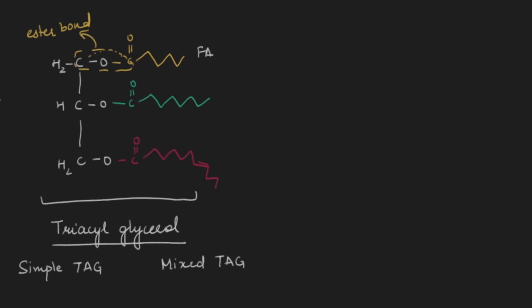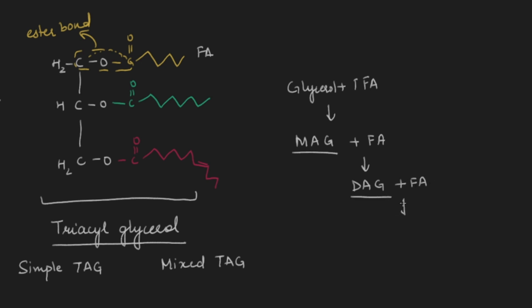Usually how the synthesis occurs is glycerol plus 1 fatty acid results in formation of monoacylglycerol. Monoacylglycerol plus 1 fatty acid results in diacylglycerol, and diacylglycerol again plus 1 fatty acid will result in triacylglycerol. These fatty acids can be the same, these fatty acids can be different, resulting in formation of either a simple triacylglycerol or a mixed triacylglycerol.